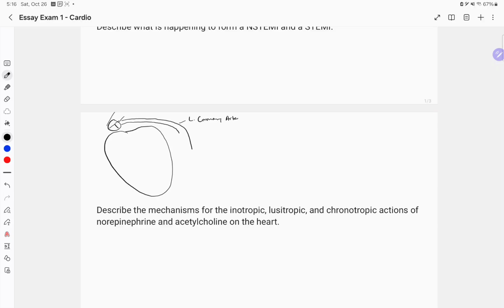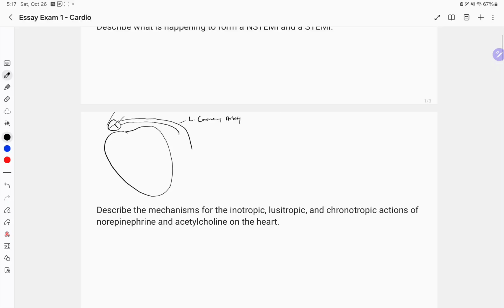So left coronary artery here. And this left coronary artery is going to be delivering blood to the heart. And with it, it's going to be carrying oxygen. And oxygen is needed to generate ATP that is needed for functions of the heart, okay?